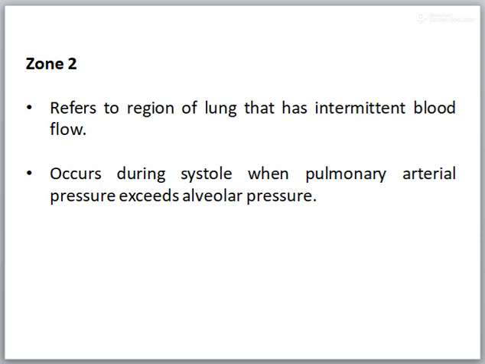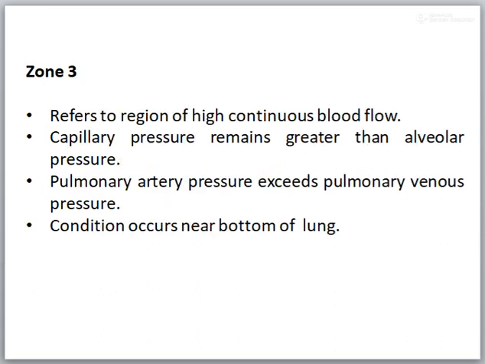It occurs during systole when the pulmonary artery pressure exceeds the alveolar pressure, which exceeds the pulmonary venous pressure, but not during diastole when the arterial pressure is less than the alveolar pressure.